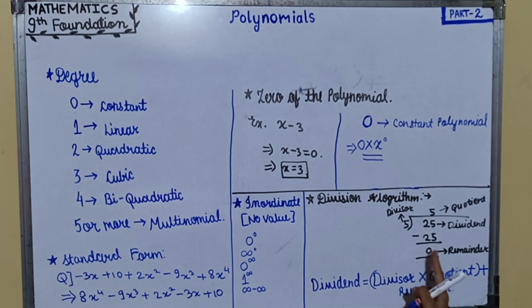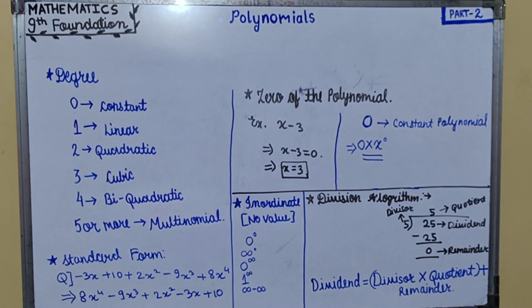In this question the dividend will be 25. 25 will be equal to divisor 5 into quotient 5, so 5 into 5, 25, plus remainder 0. 25 plus 0 is 25. So dividend 25 is equal to 25. That means the division is correct. So like this you have to know the division algorithm.